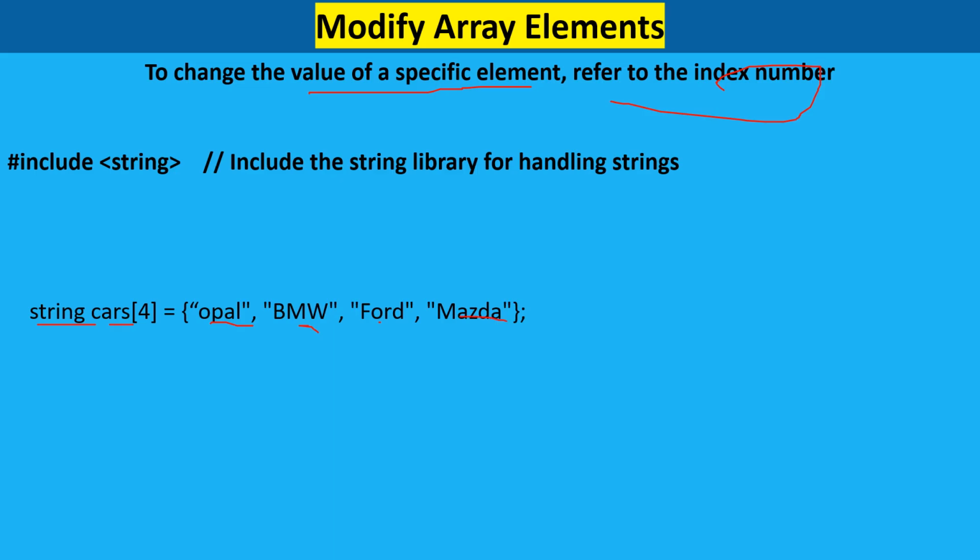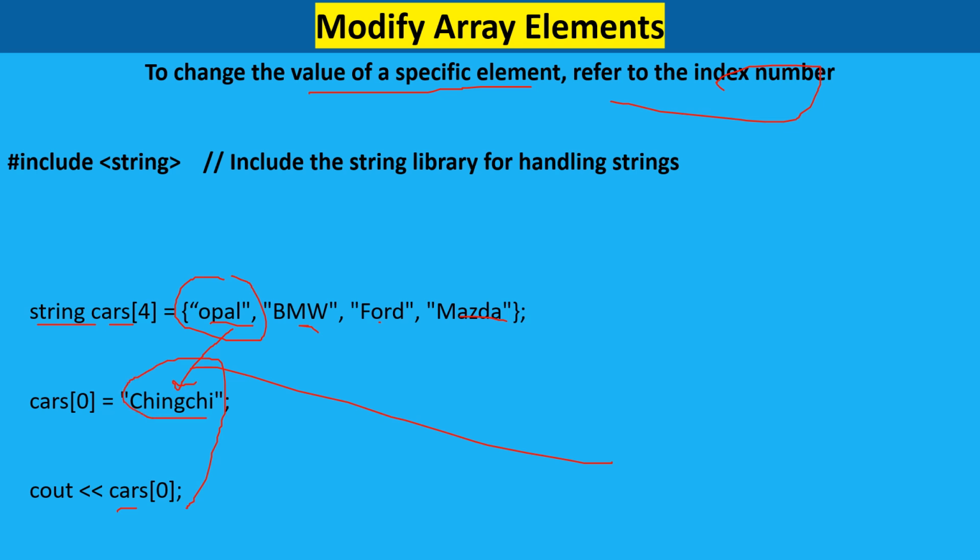And then we modify the first element of the array, index 0. Here we will replace Opel with Chingchi, and print the value of the first element, which is now Chingchi, to the console with cout, cars[0], which is now Chingchi.